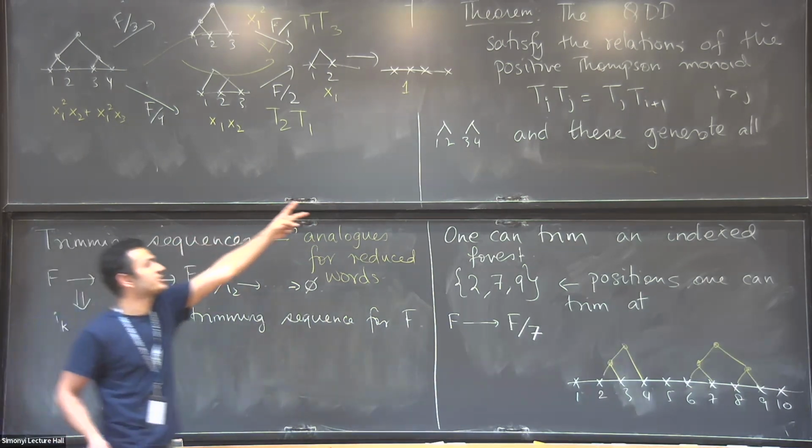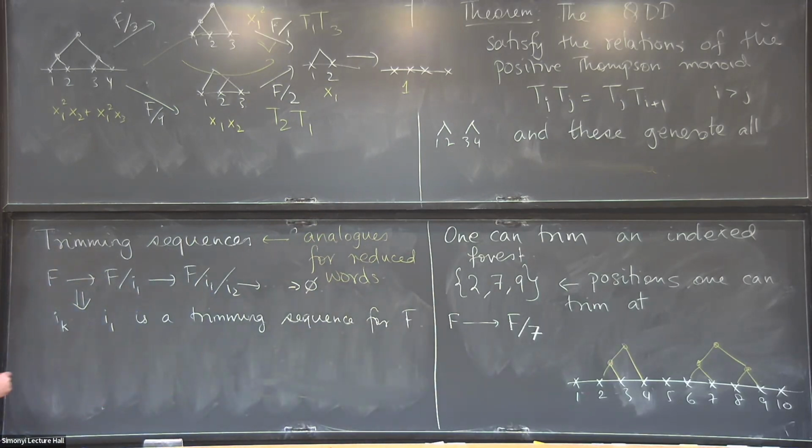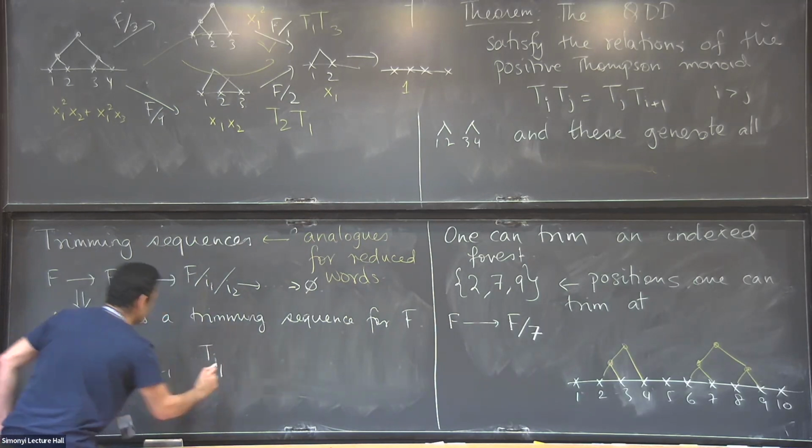Those relations tell you that you could have trimmed the forest differently. You will actually get a well-defined operator T sub F to be T sub IK, T sub IK minus 1, down to T sub I1.